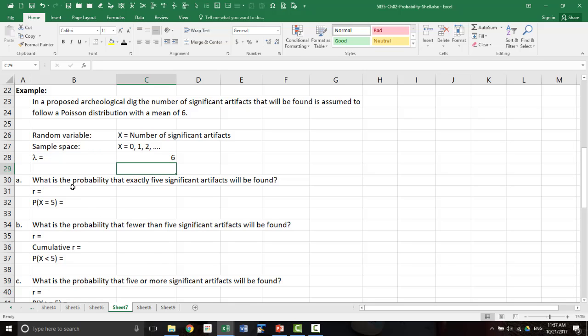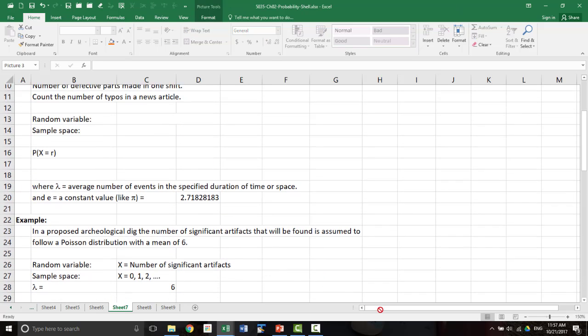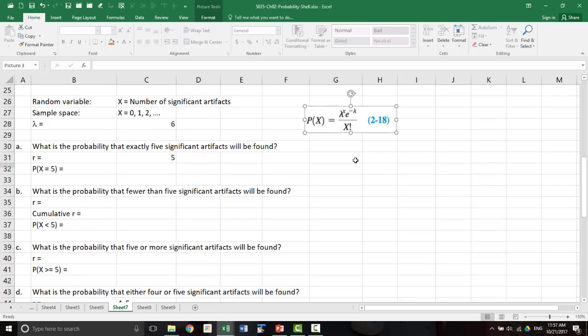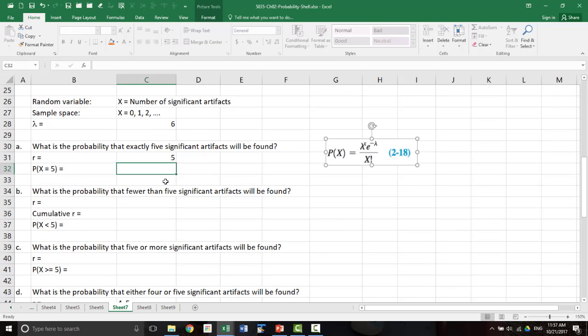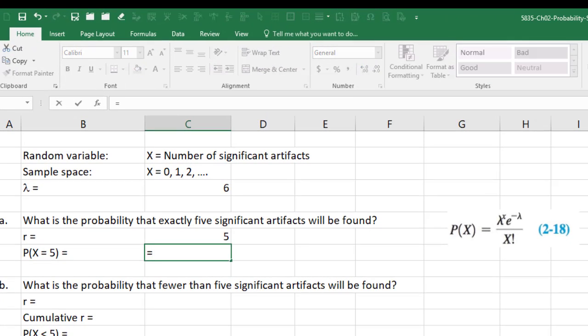Now what is the probability that exactly 5 significant artifacts will be found? So r is 5. Let me move this down here so we can see the formula. Now we're going to set the formula up. So equal to lambda to the power of x.